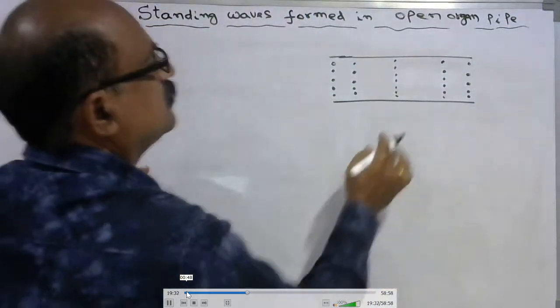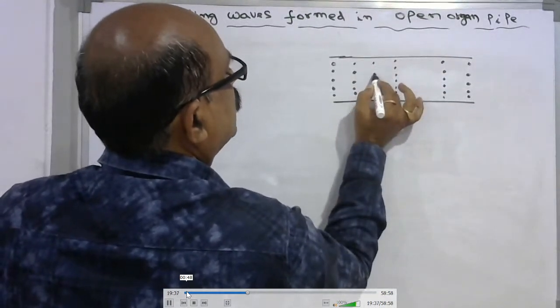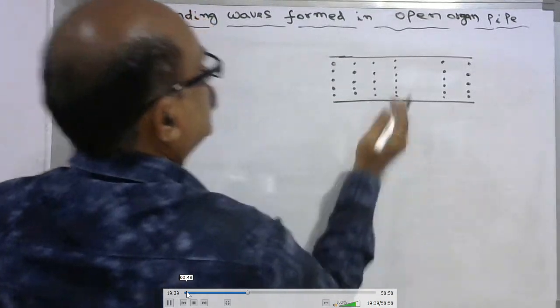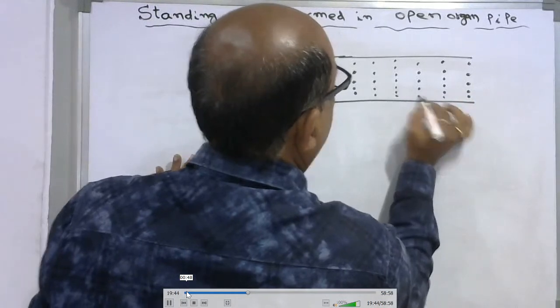So the degree of freedom at the center is 0, and the degree of freedom increases towards the open ends.